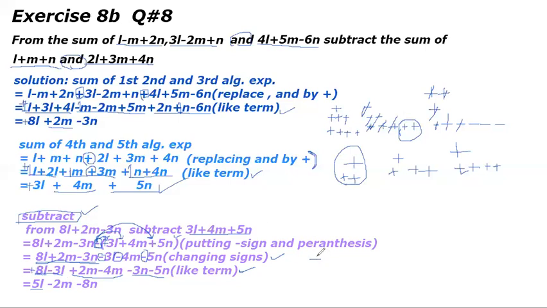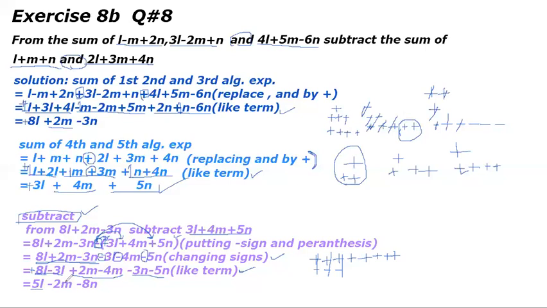Positive 8l means that positive sign 8 times: 3, 4, 5, 6, 7, 8. Positive sign 8 times. And negative 3l means negative sign 3 times. Cancel a positive with a negative. And how many positive? 5l.